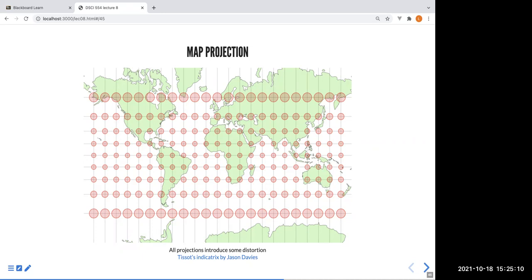So here you see that the circles remain circles, so the distortions are the same in the two axes, and the only distortion that is introduced is the distortion of size. Obviously, if you get to the North Pole, then this becomes undefined. So here your circle is probably going to become much bigger than what is shown in the picture.